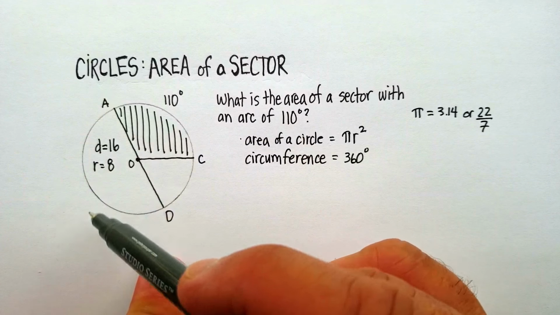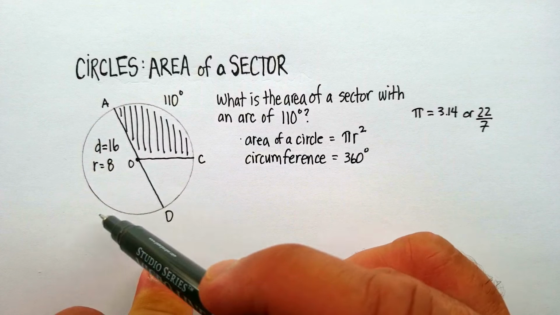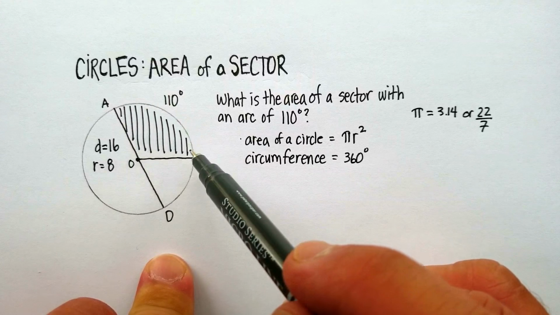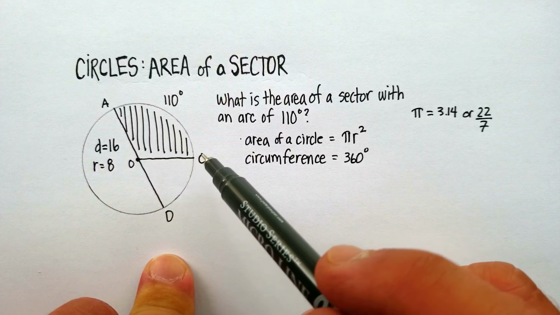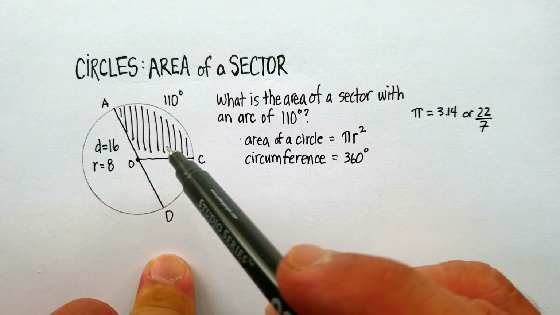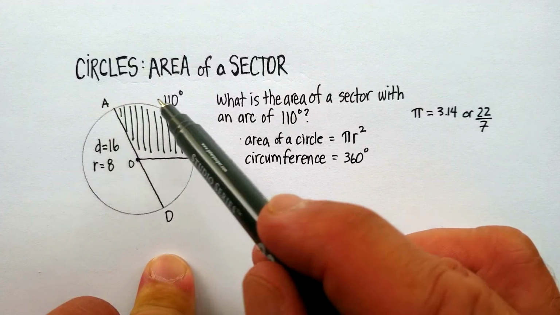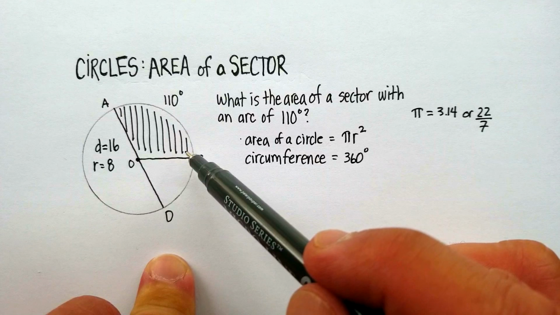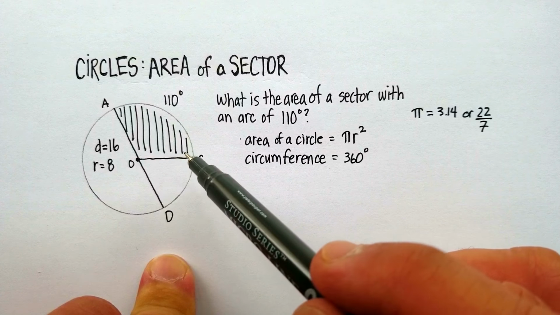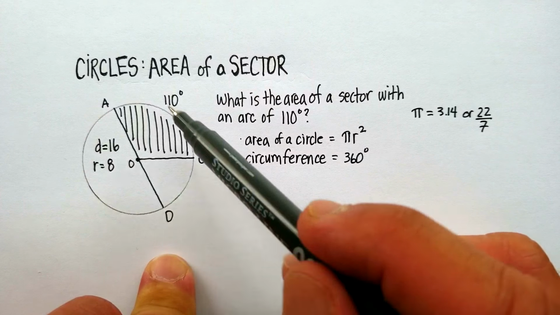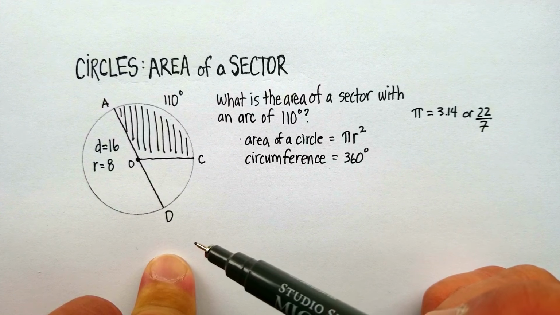So if the whole circle is 360 degrees and we have an area that's bounded by 110 degrees, it would make sense that we could compare the circumference of a circle to the measure of the arc, and that should be proportional to the area of the sector to the area of the circle, right?